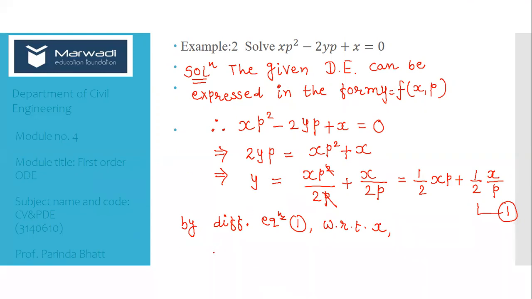For the left hand side, the differentiation of y is dy by dx, and it is equal to the derivative of 1 by 2 xp plus 1 by 2 x by p.